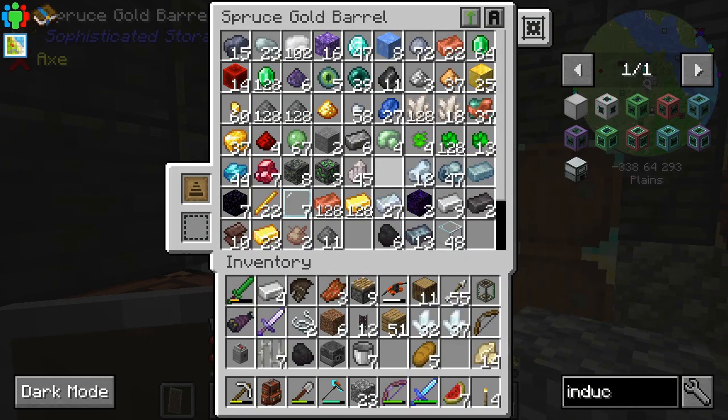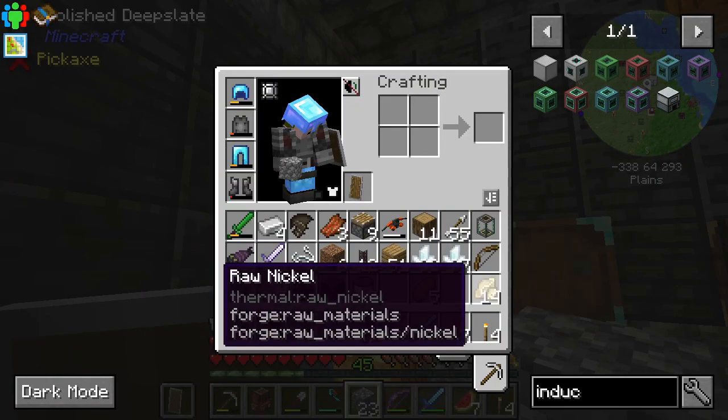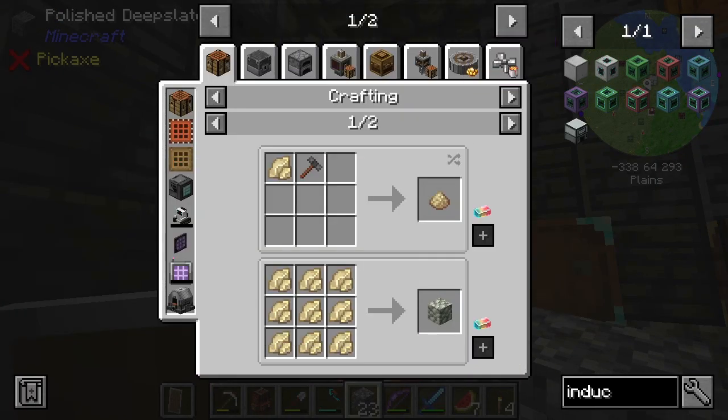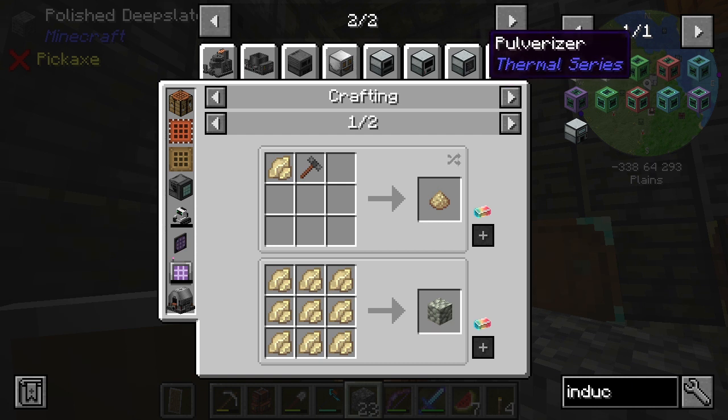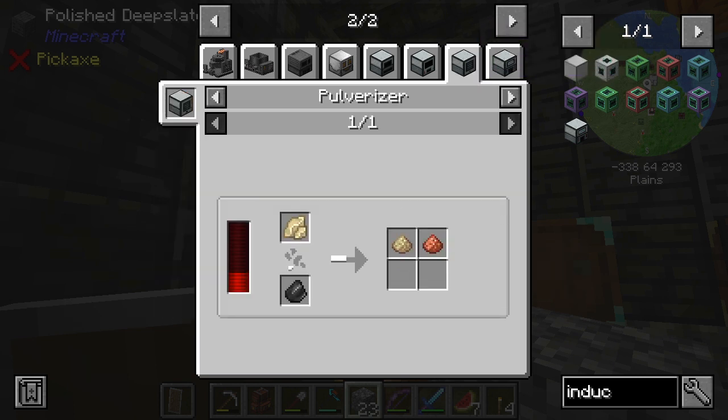Let's see, I got raw nickel. Well, raw nickel doesn't seem to work in an enrichment chamber. Probably because it isn't a Mekanism ore, so I'll have to use the pulverizer.